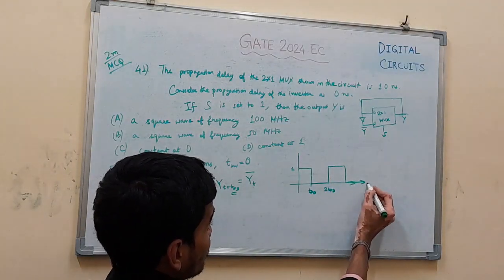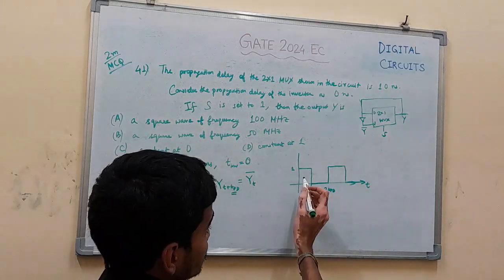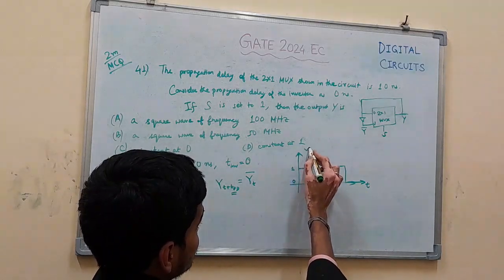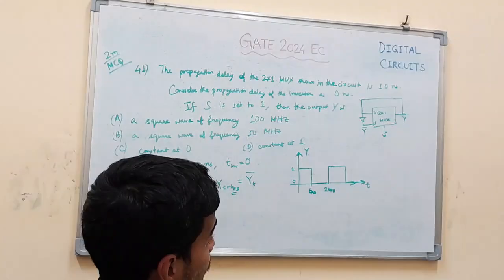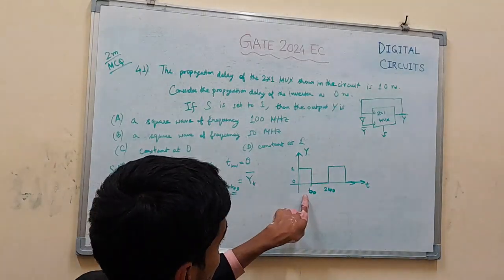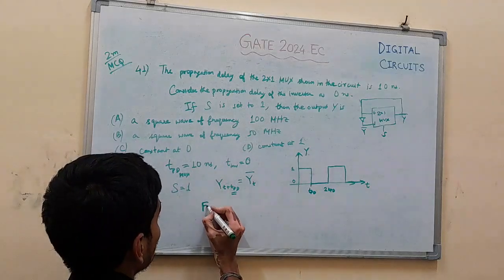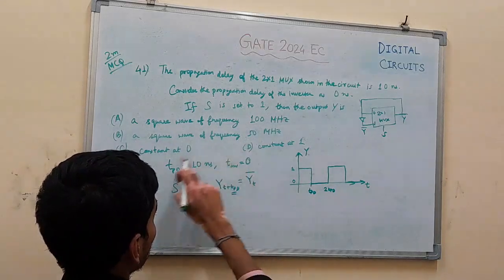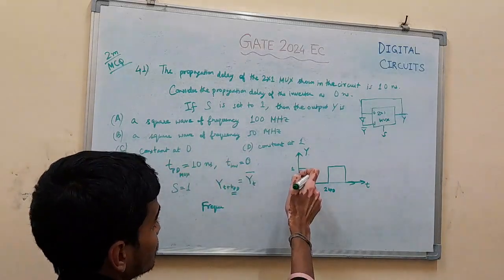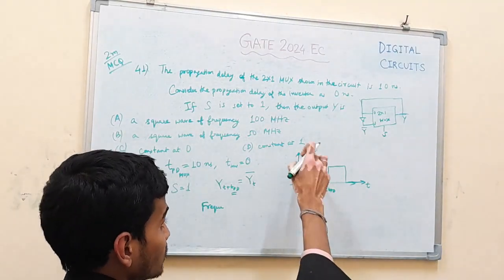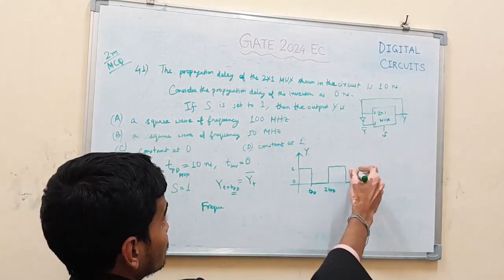It is cyclic in nature. What is the frequency? The output Y of the 2 into 1 mux is not constant at 0 or 1. If it is 1 initially it will fall to 0, and if it is 0 it will rise to 1, in a cyclic manner.